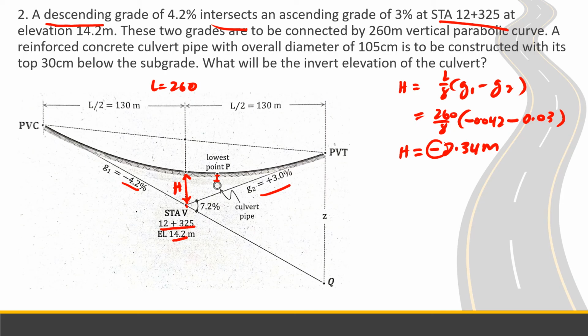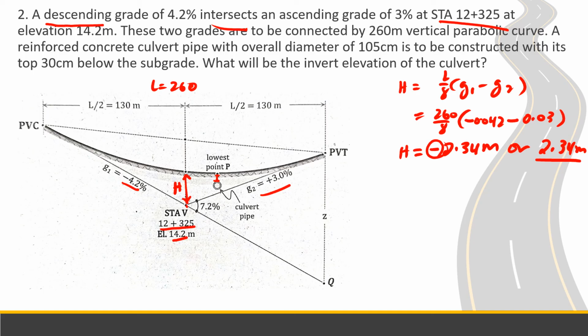The value of H is positive 2.34 meters; the negative is only an indication that it is below, not above like a summit curve. So this is our H, 2.34 meters.